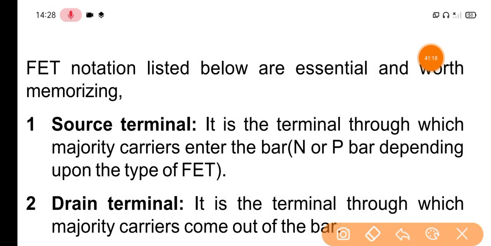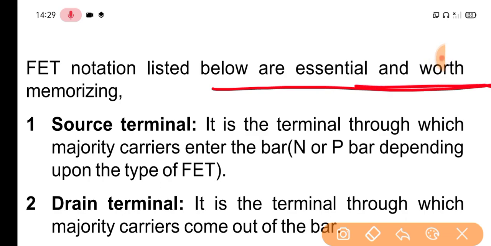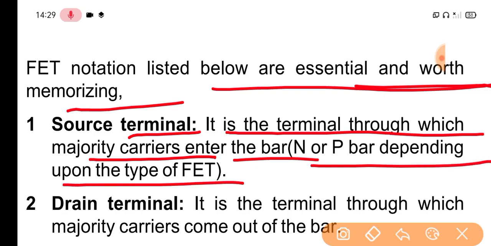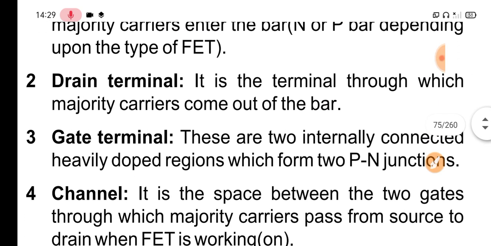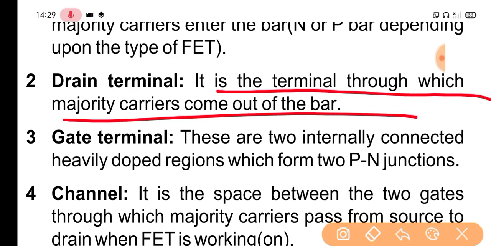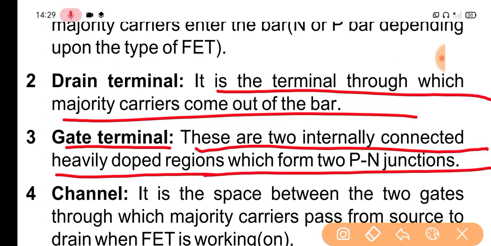FET notation is listed below and is worth memorizing. Source terminal: it is the terminal through which majority carriers enter the bar, N or P bar, depending upon the type of FET. Drain terminal: it is the terminal through which majority carriers come out of the bar. Gate terminal: these are two internally connected heavily doped regions which form two PN junctions.